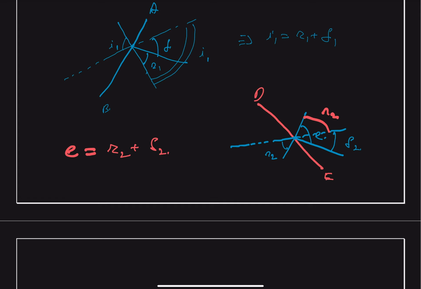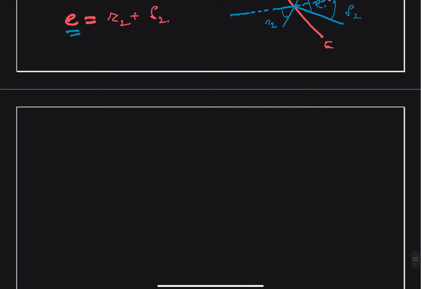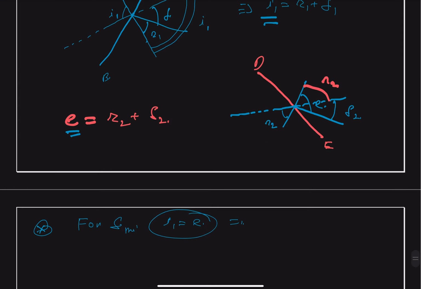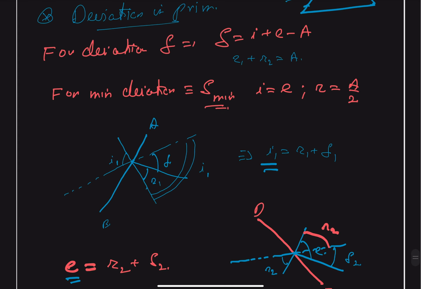We already know that for minimum deviation, I1 is equal to E. So for delta minimum, I1 is equal to E. Therefore we can write that R1 plus delta 1 is equal to R2 plus delta 2. Both R1 and R2 are also equal to A by 2, so R1 is equal to R2 is equal to R, which is equal to A by 2.